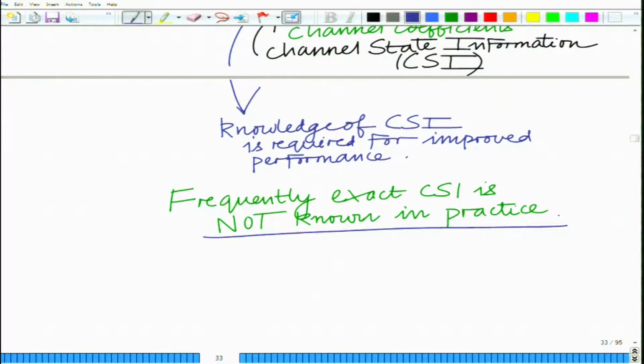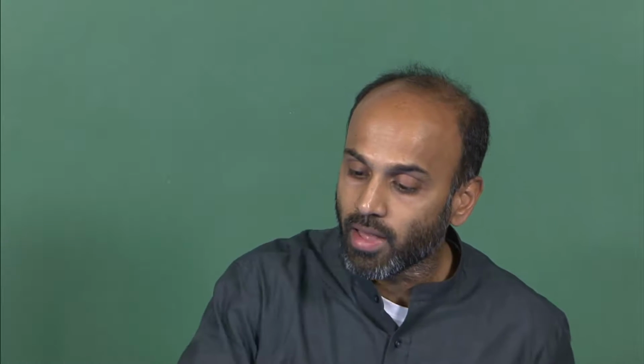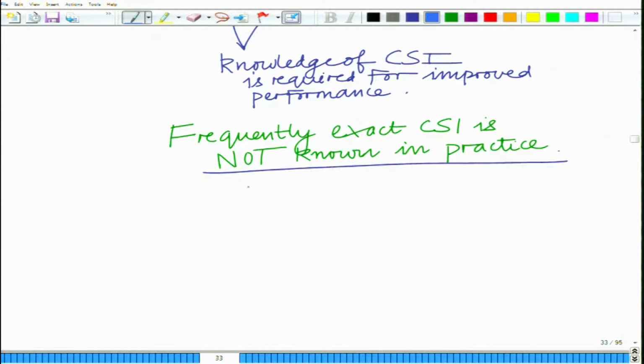Remember, these channel coefficients have to be estimated, and whenever you estimate them there is going to be an estimation error. So, only approximate values of these channel coefficients are known, that is, the estimates of these channel coefficients are frequently known in practice.